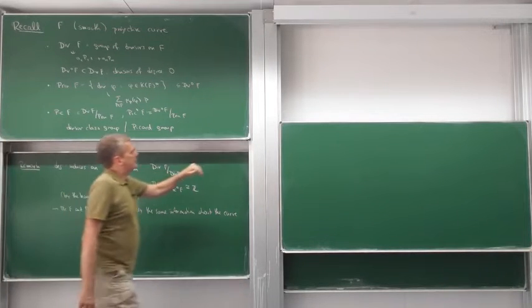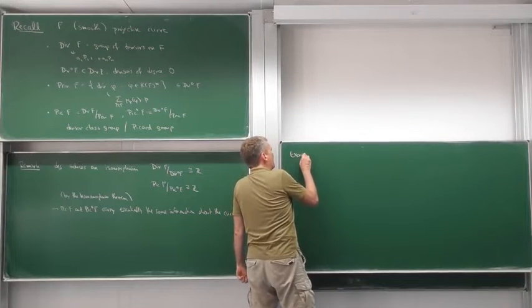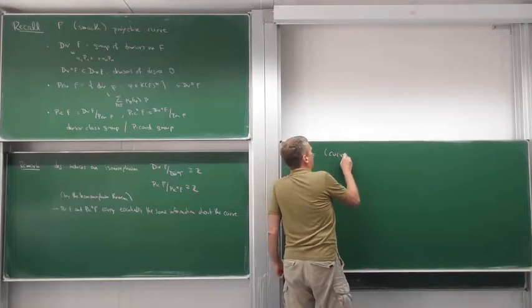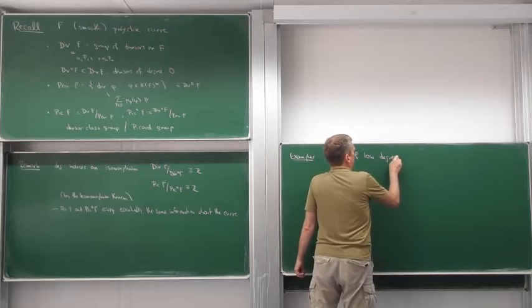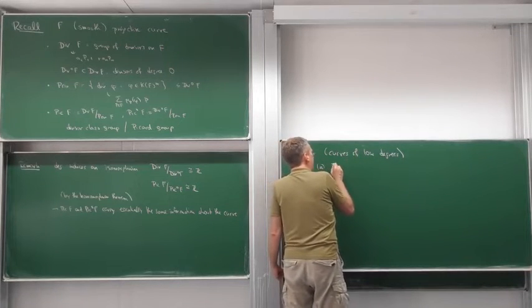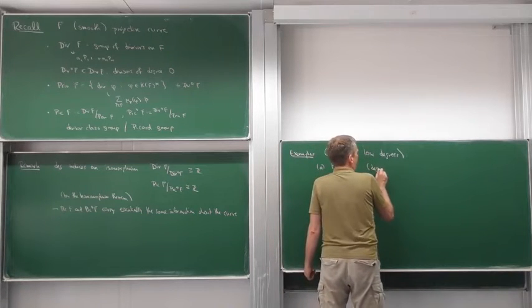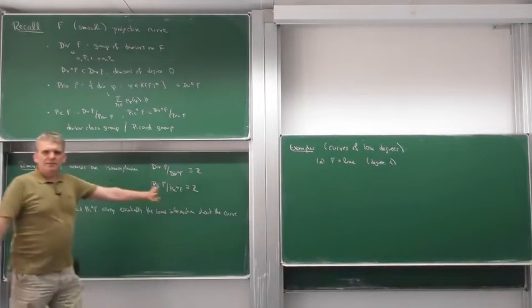Let's start with some examples maybe, and start with curves of low degrees. Namely, start with degree 1. So say if F is a line, so degree 1, then I claim that this group is actually trivial.